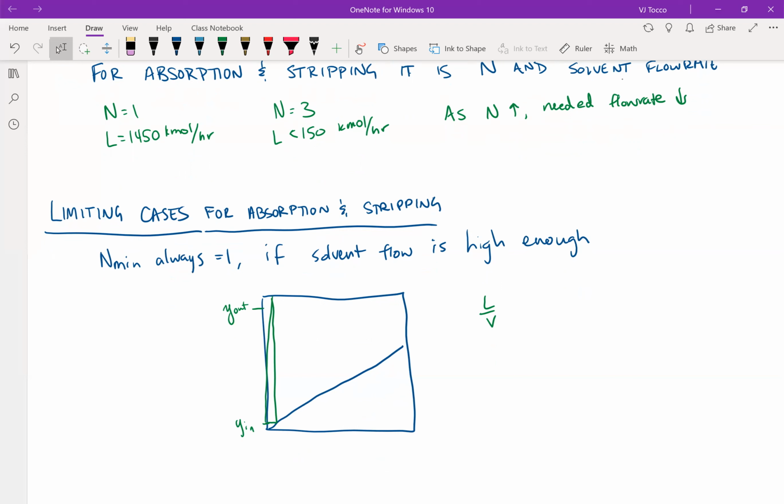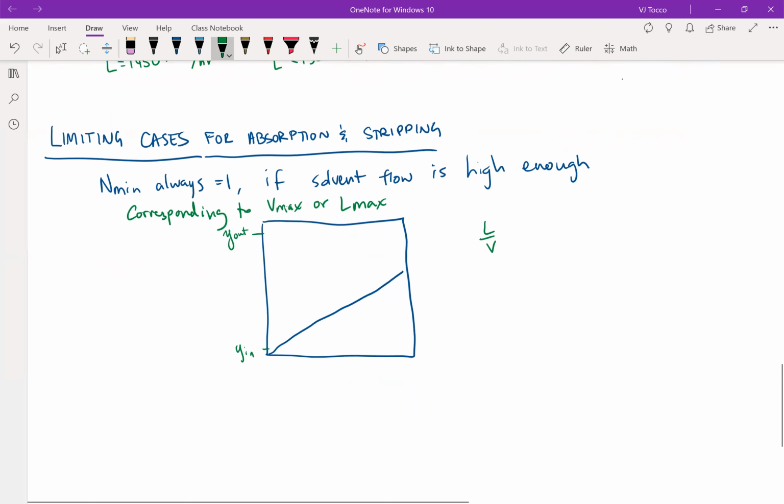Remember again that if I'm doing a stripping column and V goes to infinity, my slope would go to 0. And in that case, my operating line would be below my equilibrium data. But I'm talking about an absorber here where L is increasing, right? So this is corresponding to V max or L max.